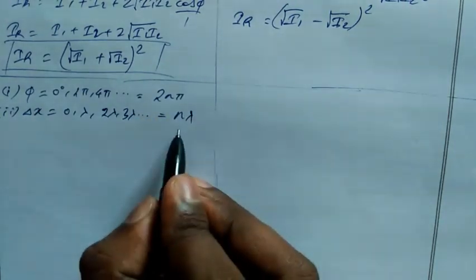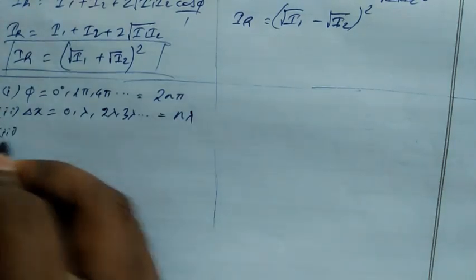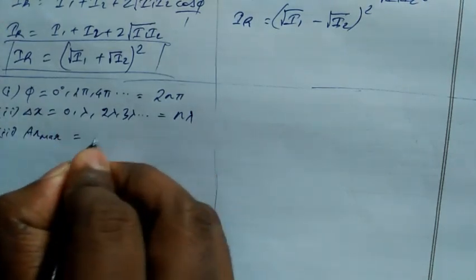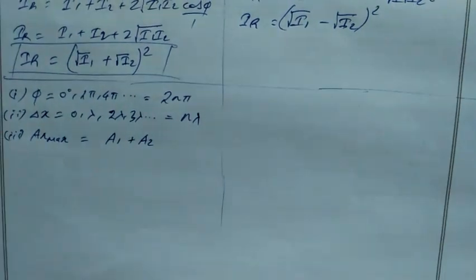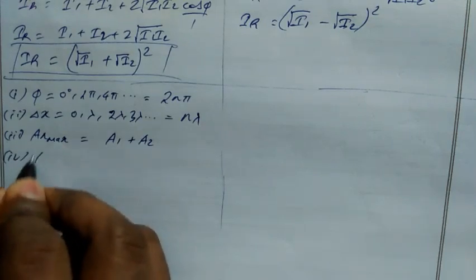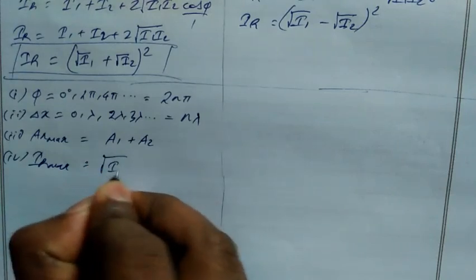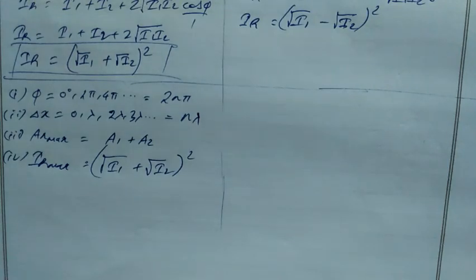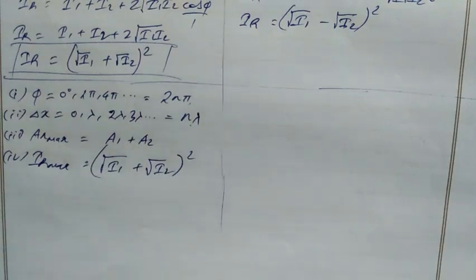So this is for path difference. Then Ar maximum for constructive is A1 plus A2. Then intensity maximum is root I1 plus root I2 whole square. Clear? 4 important things that you have to remember: phase difference, path difference, amplitude maximum, intensity maximum.